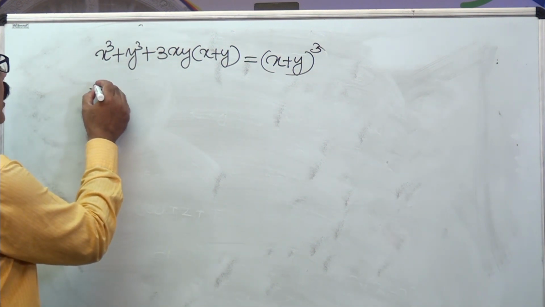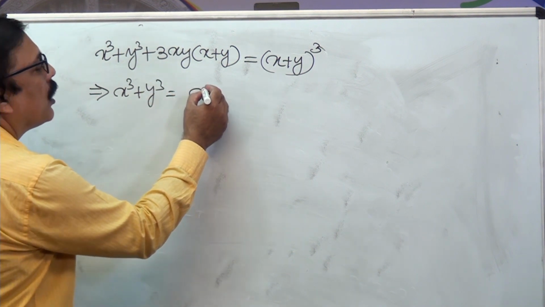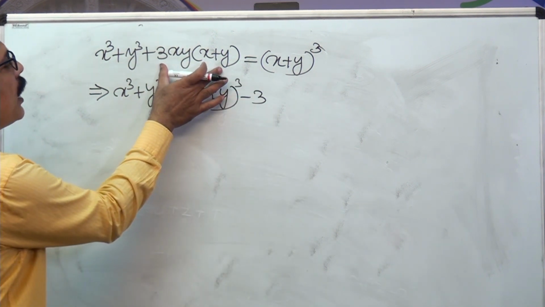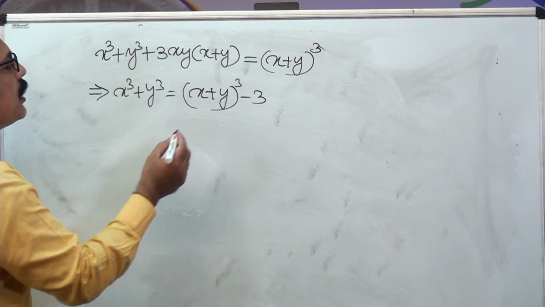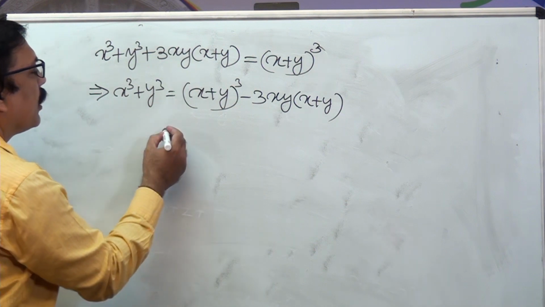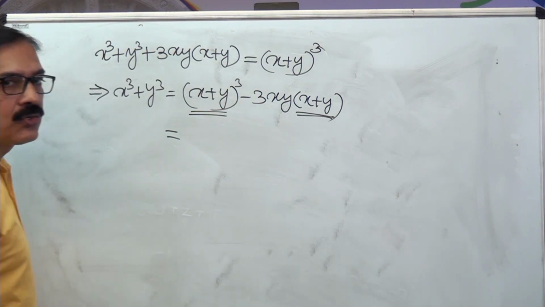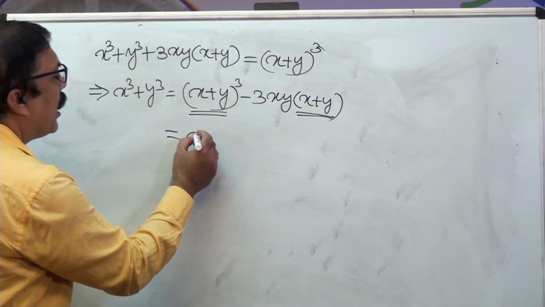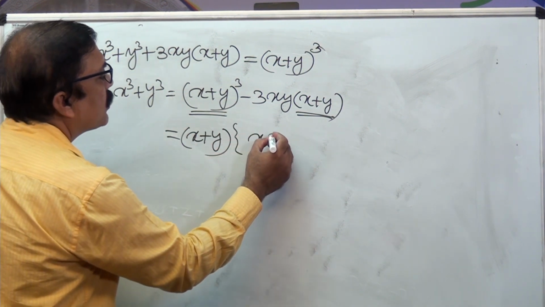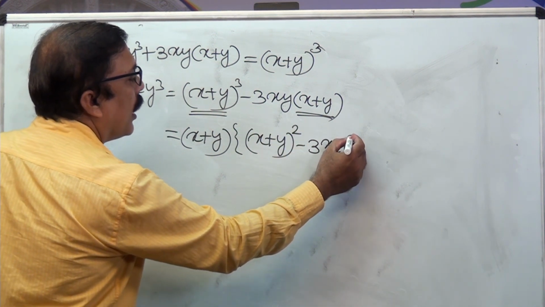From this, we get x cube plus y cube is equal to x plus y whole cube minus, this part will shift to the right side, 3xy into x plus y, and this is equal to, now here we can take x plus y common. From that we get x plus y into x plus y whole square minus 3xy.